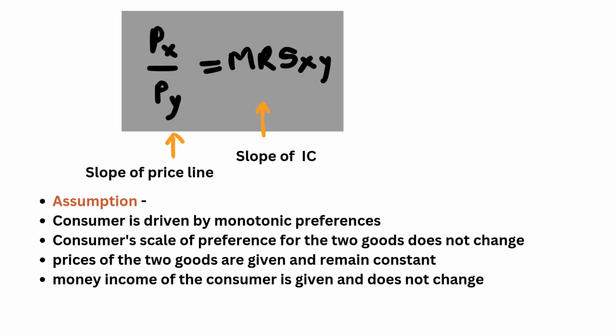So in terms of IC analysis, the consumer equilibrium is struck at the point where the IC curve and budget line touch each other, and the slope of the price line is equal to the slope of IC.